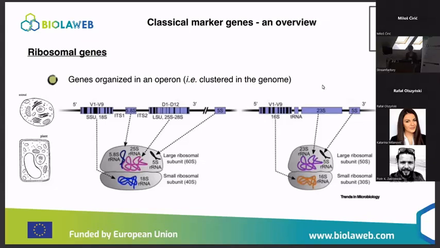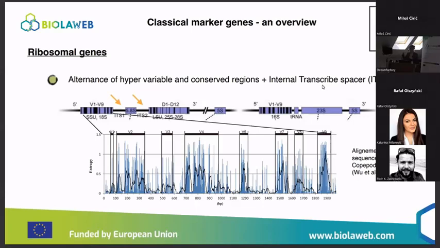And why are they very interesting for metabarcoding is because within those genes, you will find an alternation of variable regions and very constant regions. It's illustrated in this graphic, where in this study they took 18S genes of a wide diversity of copepoda, and they aligned all those sequences.